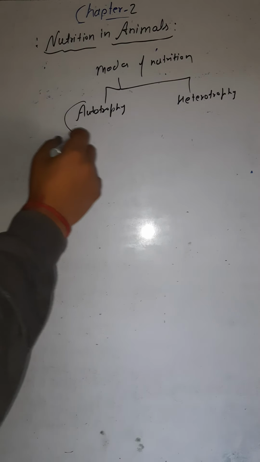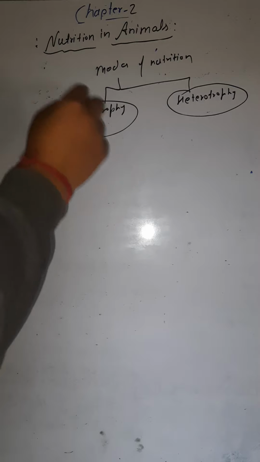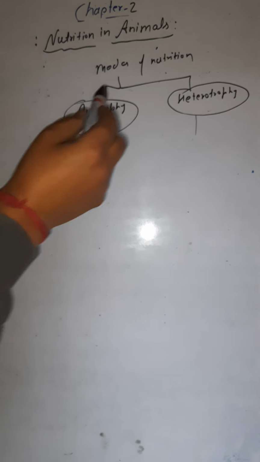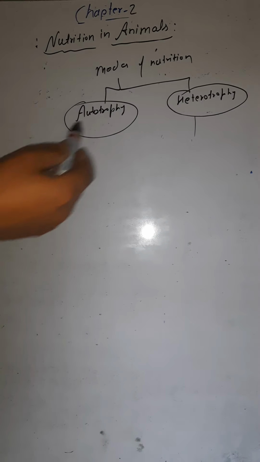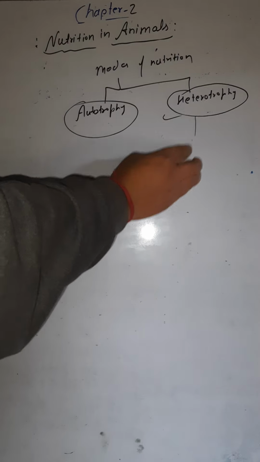In the previous chapter we precisely discussed the autotrophic mode of nutrition, which is there in plants. Now in this chapter, nutrition in animals, we are moving towards the heterotrophic mode of nutrition, and precisely here we are going to discuss the nutrition in animals.